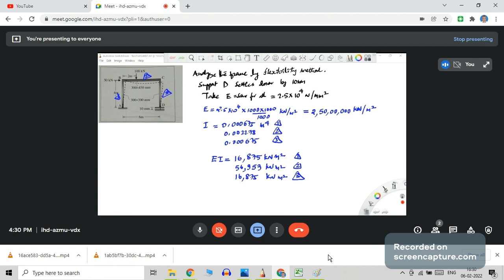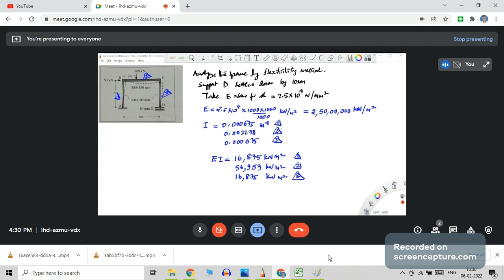That's the reason why we convert the support settlement into moments by using the conversion formula, minus 6EI delta by L square, which is available even in the slope deflection equation, so that we remember how to do that.